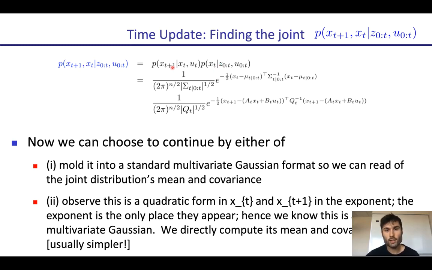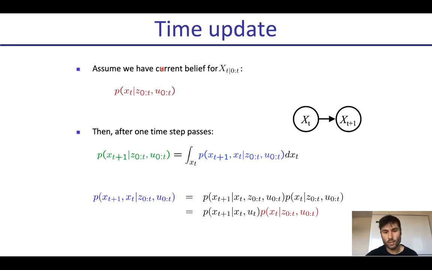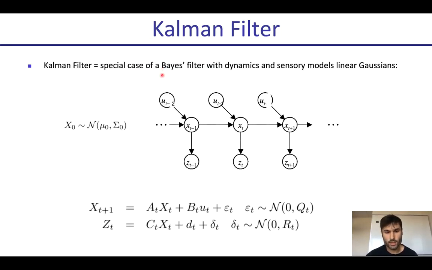We can expand this term because the relationship between x_t and x_{t+1} is linear. If we go back to the first slide, given x_t, the only randomness in x_{t+1} is the noise that we incorporated.